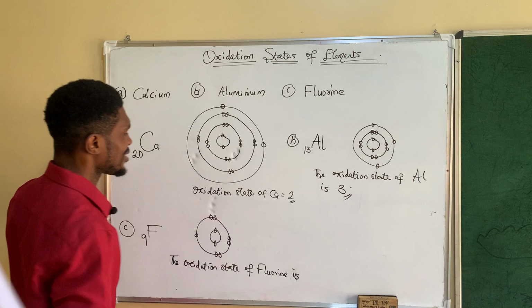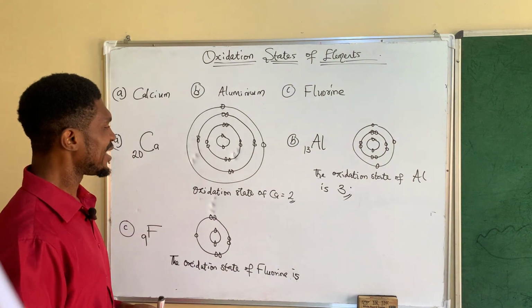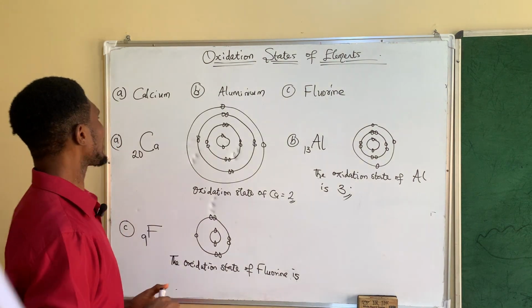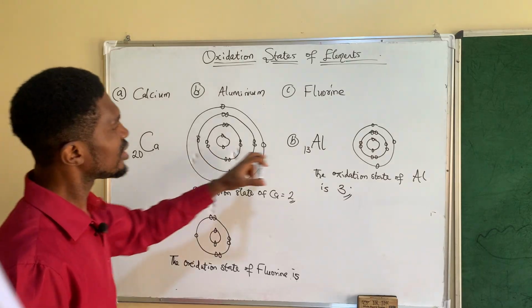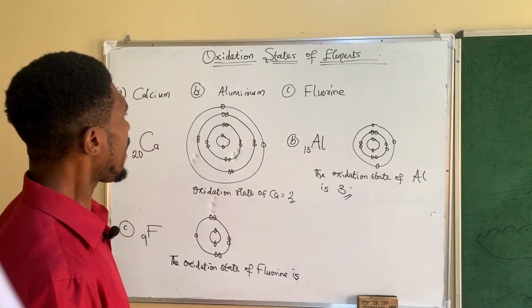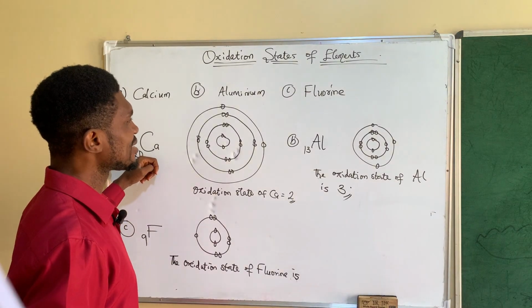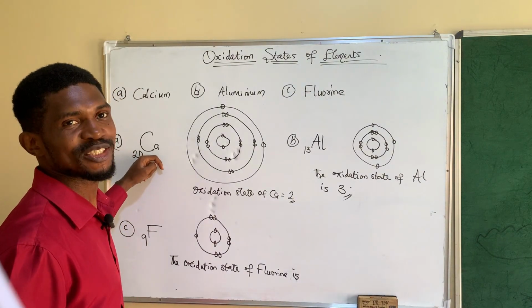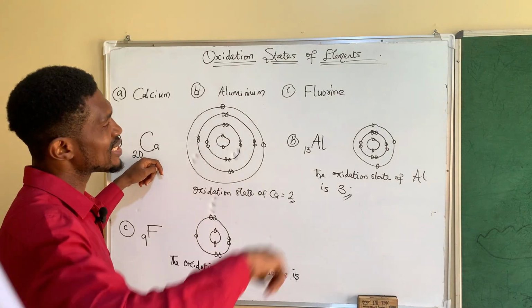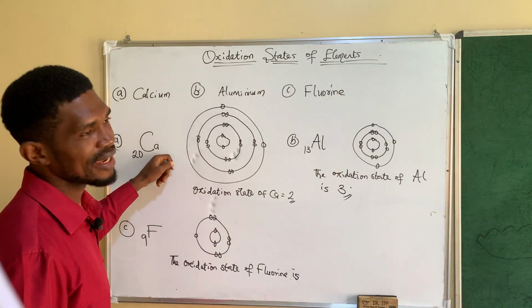Now, this is where it becomes a bit tricky. What I didn't tell you is that metals will ionize by losing or donating electrons.